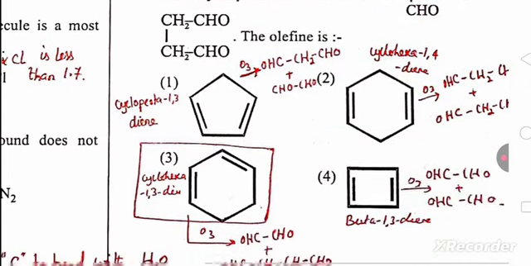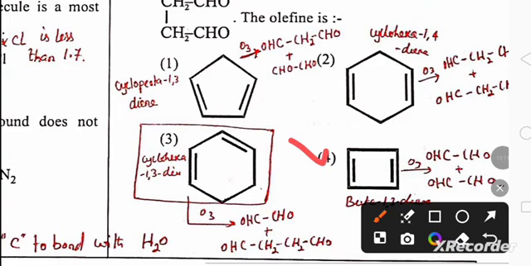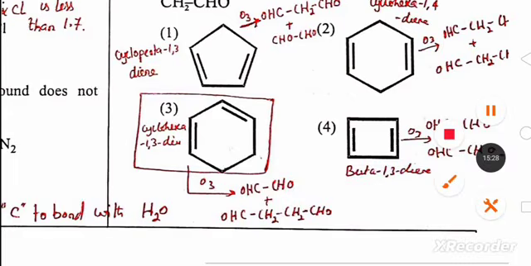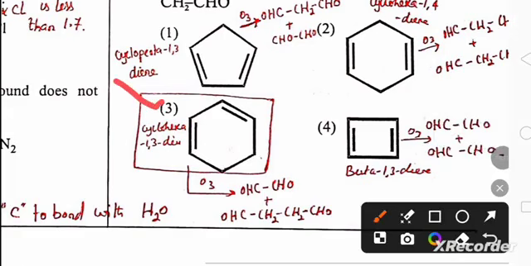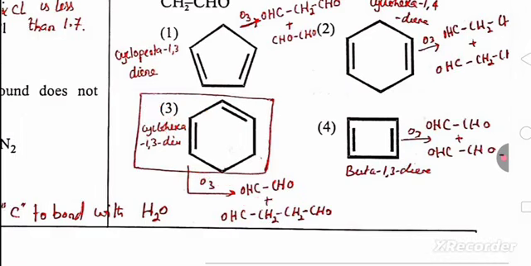When you see the fourth option, buta-1,3-diene, when this undergoes ozonolysis, it gives 2 carbon aldehydes, and ethane-1,2-diol. And the third option is cyclohexa-1,3-diene. When it undergoes ozonolysis, it gives a 2 carbon aldehyde and a 4 carbon aldehyde. So this only we have in the options. So option 3, cyclohexa-1,3-diene, is the right answer for this question.